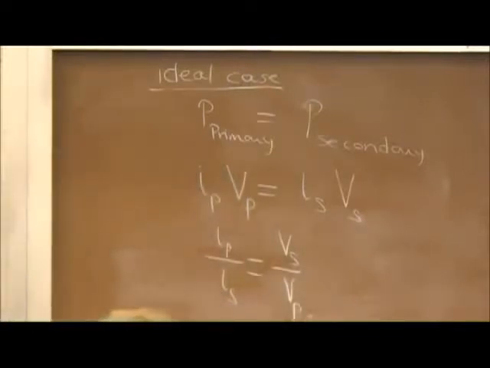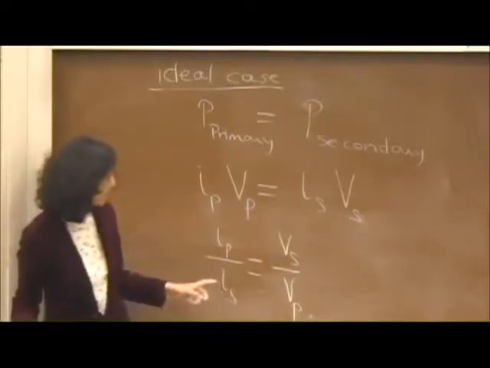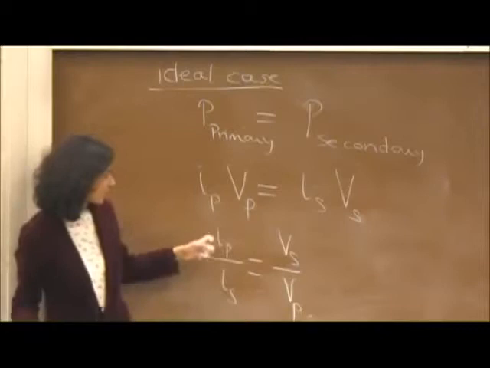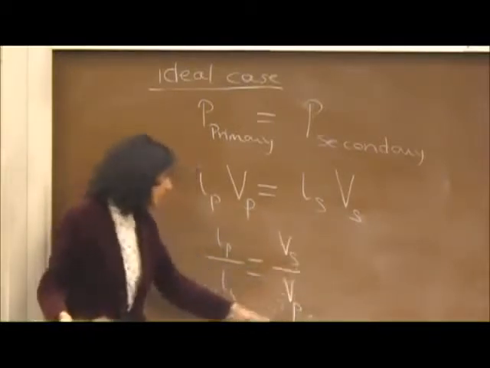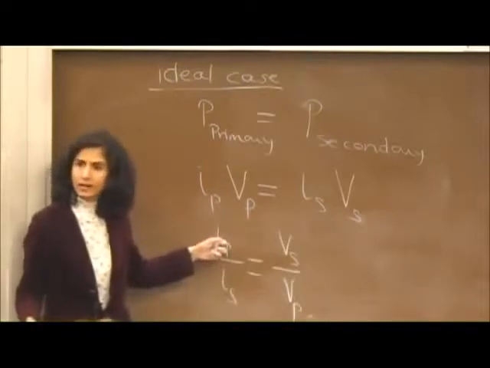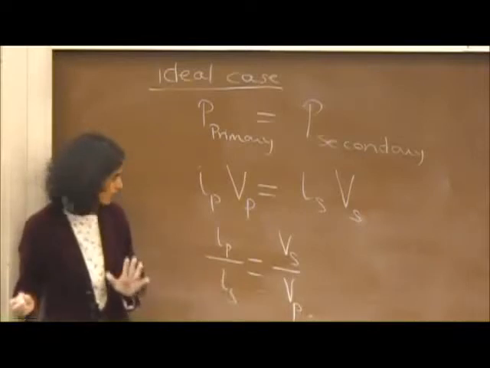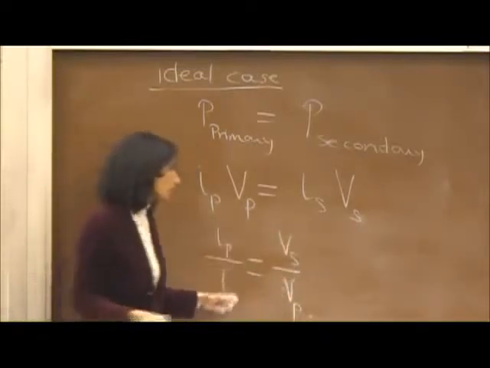One thing that you can see from here is that for a transformer that actually increases the voltage, that means Vs is more than Vp, Ip should be more than Is. Sorry, let me say it one more time. If Vs is more than Vp, Ip is more than Is.